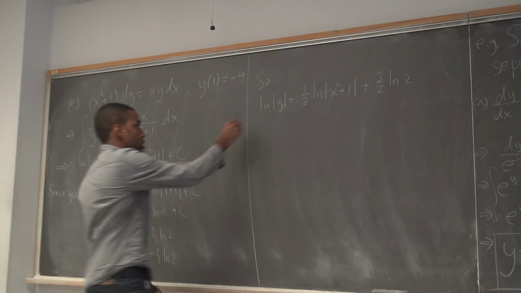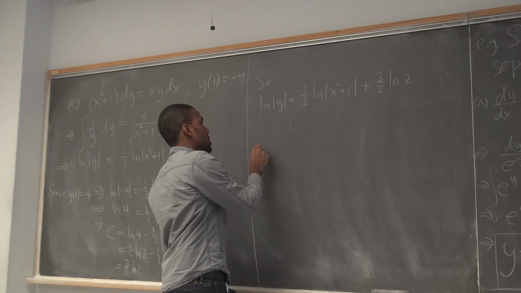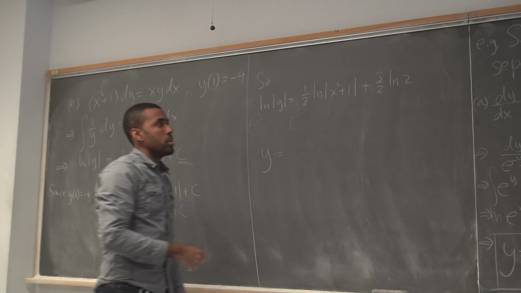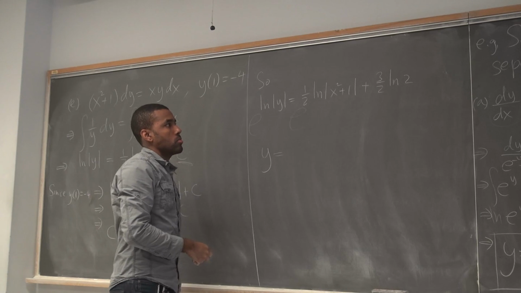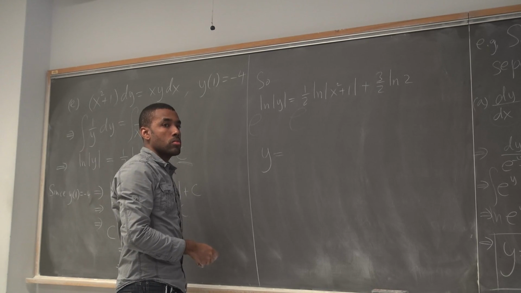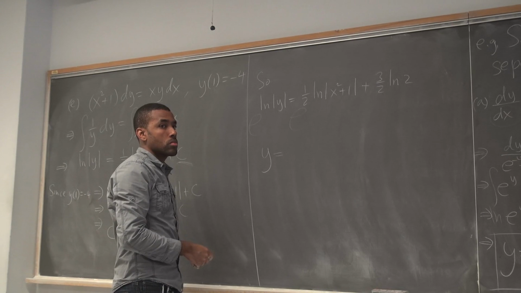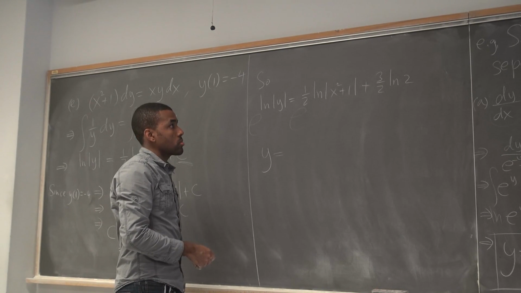You just exponentiate both sides, right? So this is just y, but what would that side be? Or you can do ln. It's going to be x squared plus 1.